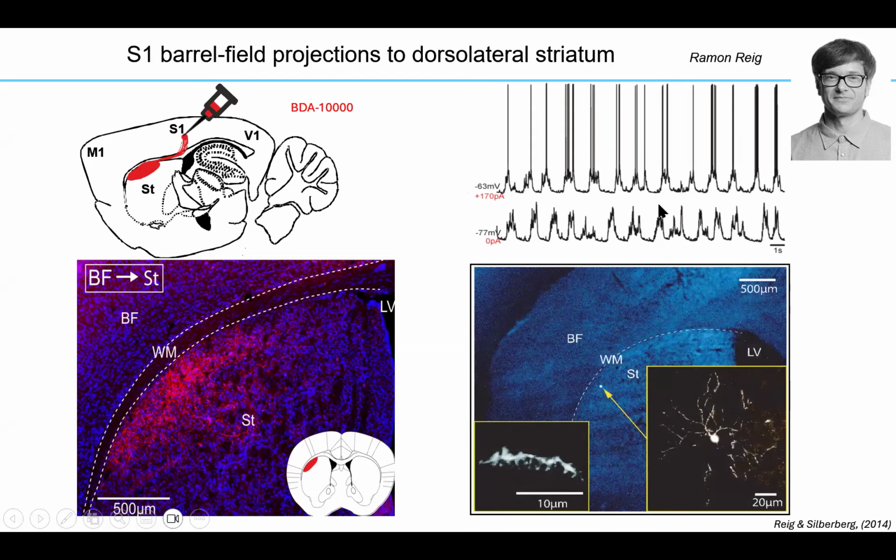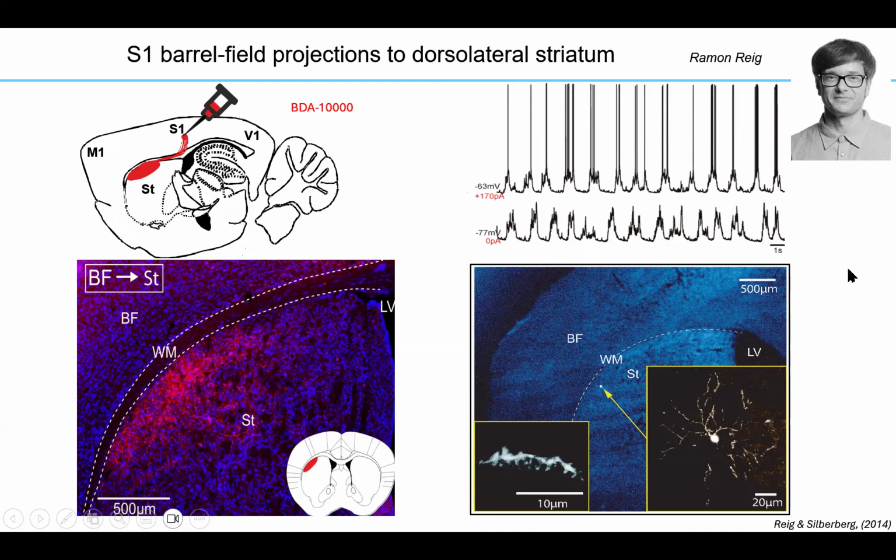He first of all wanted to see how they respond to whisker stimulation, so he injected the dye in S1, the primary somatosensory cortex in the barrel field where it integrates the whisker responses, and traced the axons going to the striatum, put the pipette in the intact animal there, and recorded the activity of the neurons in the anesthetized animals first.